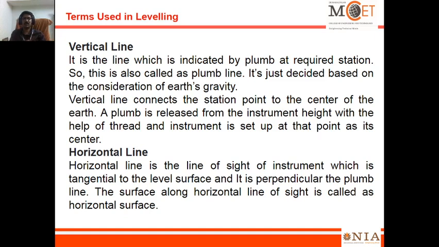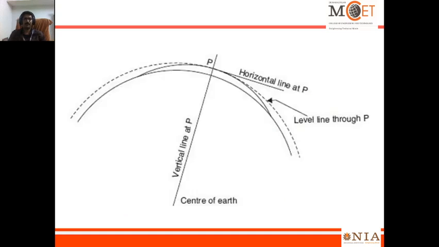Next is the horizontal line. It is the line of sight of the instrument which is tangential to the level surface. You have to see what level surface is, but try to understand: the horizontal line is the line of sight of the instrument through the telescope that we are seeing, which is tangential to the level surface. See the diagram.